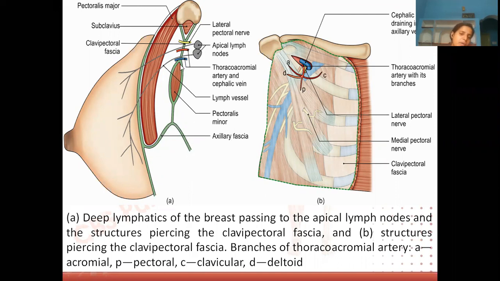Now, clavipectoral fascia itself can be a 3 marks question or 5 marks question. We should know the attachments and what structures pierce the clavipectoral fascia. From this picture, you can see we have the lateral pectoral nerve, the thoracoacromial artery and the cephalic vein. One, two, three. These are piercing the clavipectoral fascia.